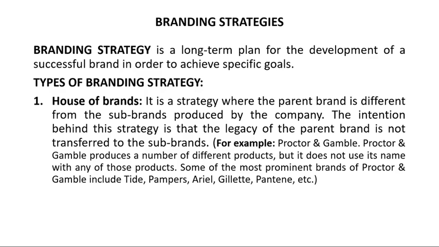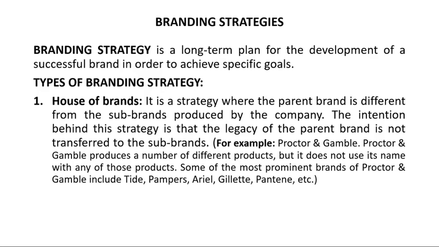See, we all know all these names, but hardly few of us know that all these products come under the same brand. They have sub brands. Okay, so Pampers is a brand, Tide is a brand, Ariel, Gillette, they're all brand names, but they're all sub brands of the main brand Procter and Gamble.